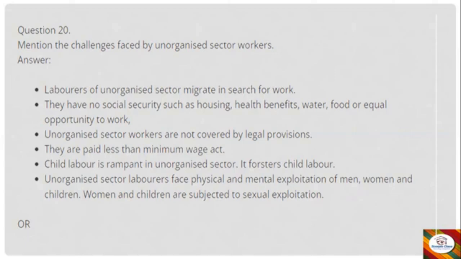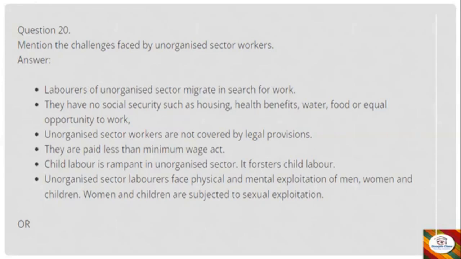They are paid less than the minimum wage act. Child labor is rampant in the unorganized sector. It fosters child labor. Unorganized sector laborers face physical and mental exploitation of men, women, and children. Women and children are subjected to sexual exploitation. Okay, so these are the challenges, problems faced by unorganized sector workers.